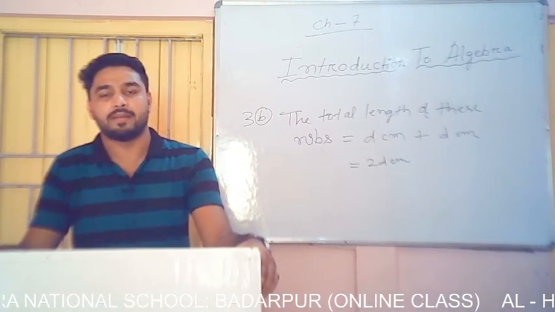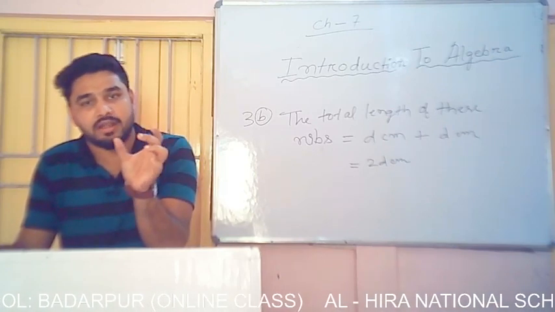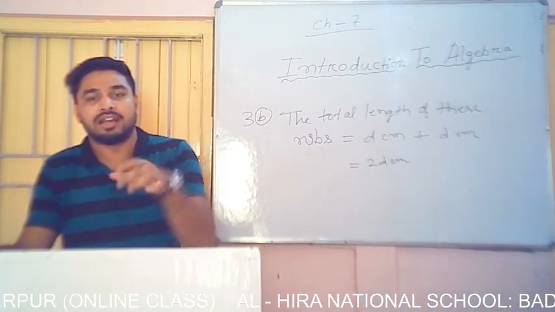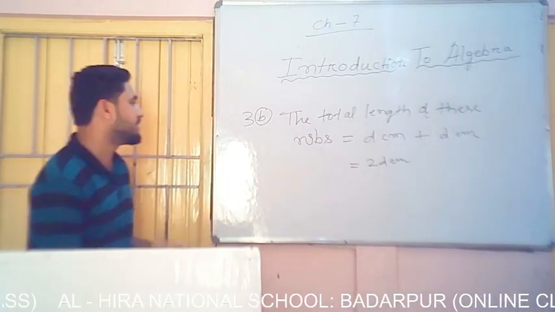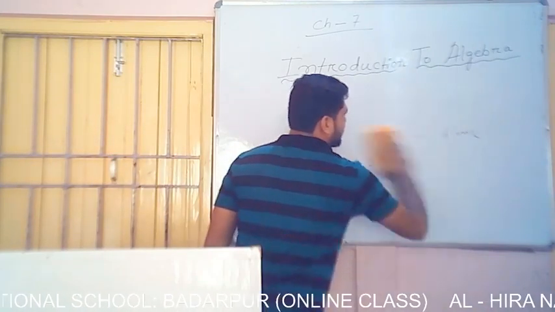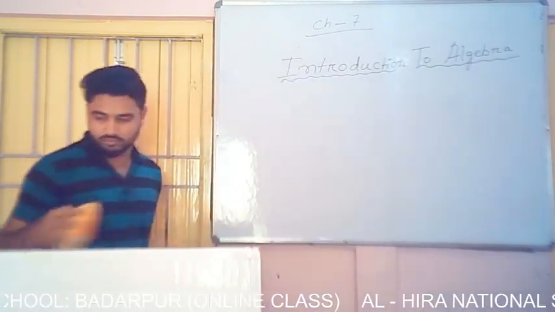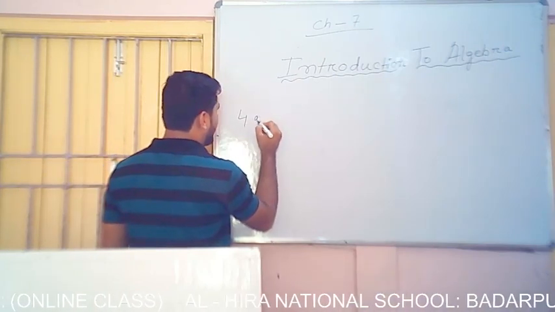If we divide the total cost by the number of toffees, then we will get the cost of each toffee. So let us write. Question number 4A.